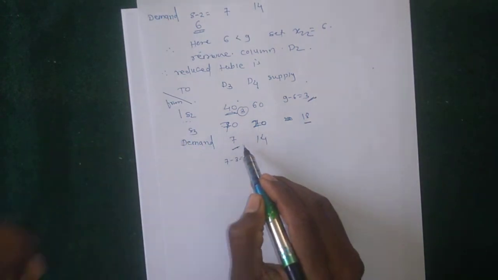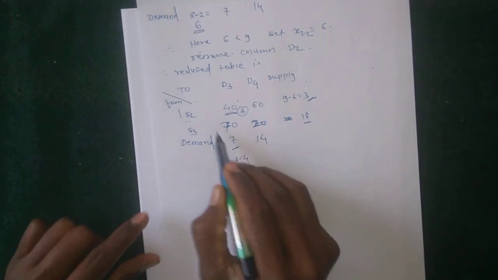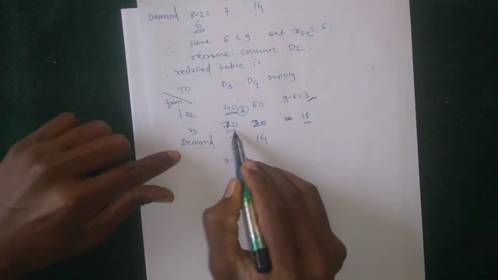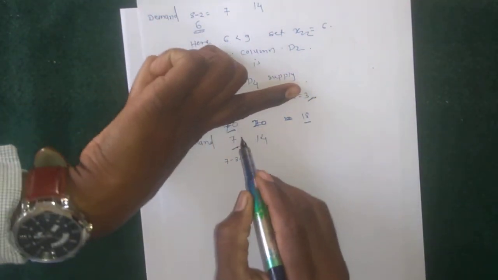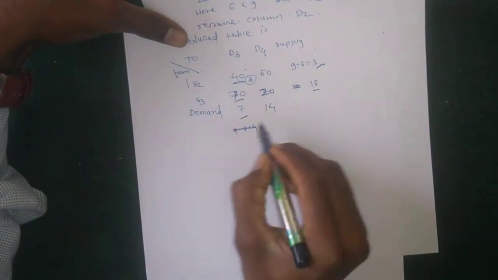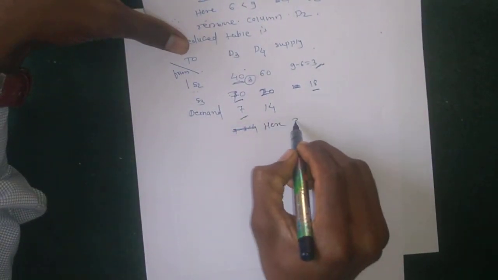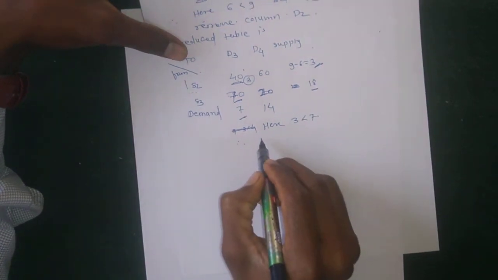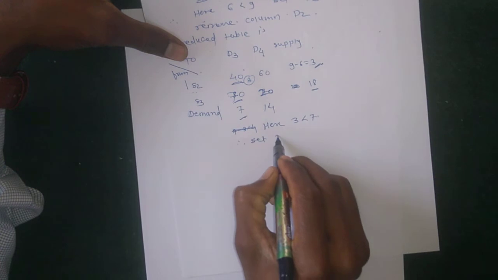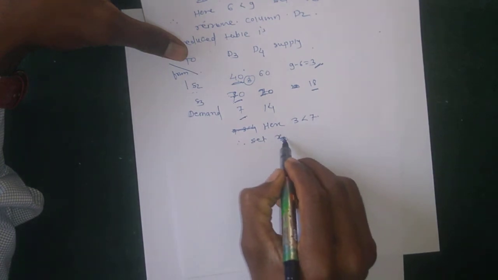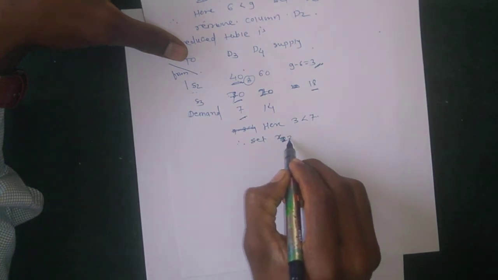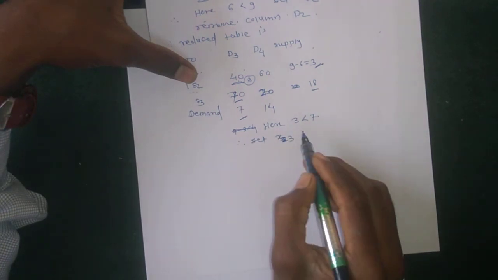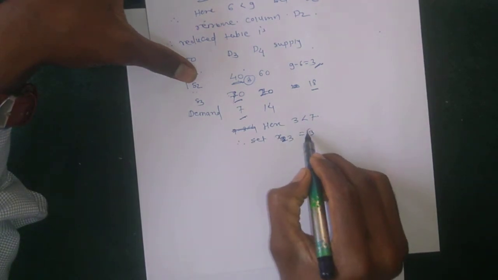Again, starting from this row, 3 is less than 7, and therefore set x23, second row third column, equal to 3.